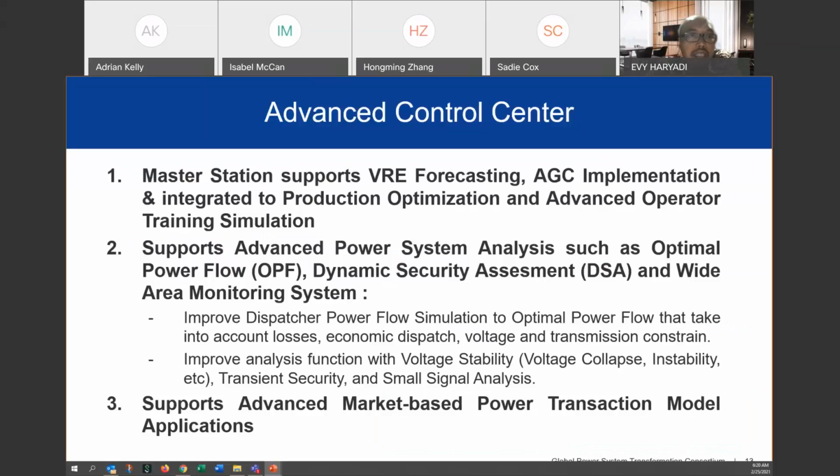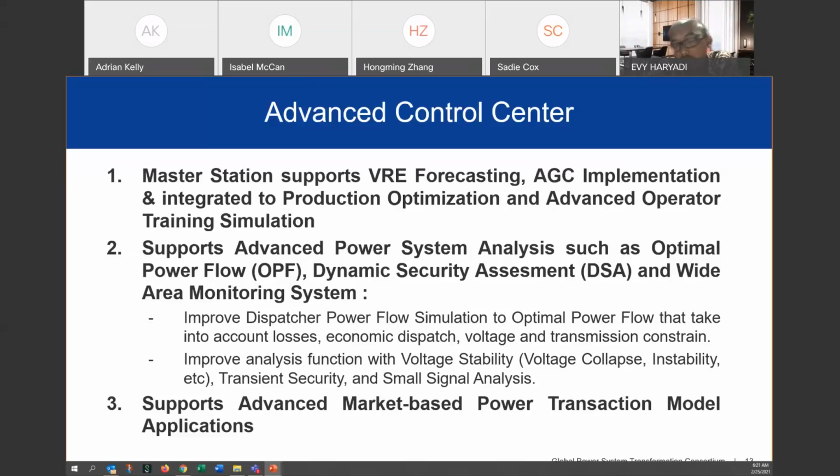Another is we want this master station to also support PRA forecasting, AGC implementation, and also integrate with our production optimization. We also have the operator training simulation, and we want to have this advanced operator training simulation. Another is we want some support in our advanced power system analysis.